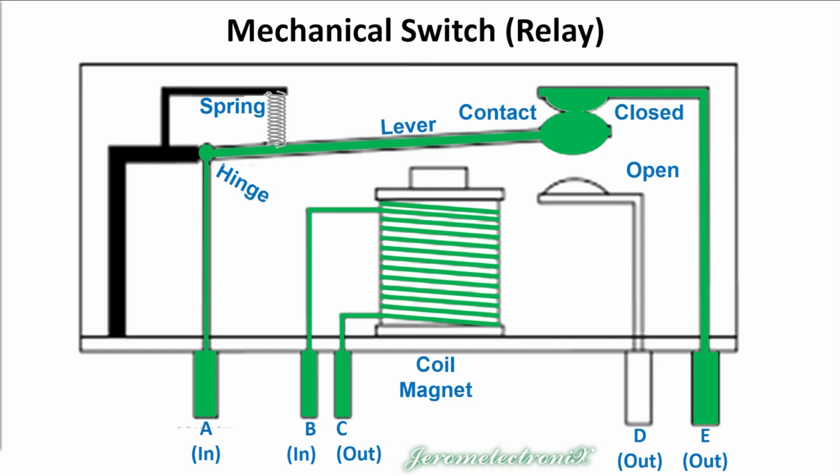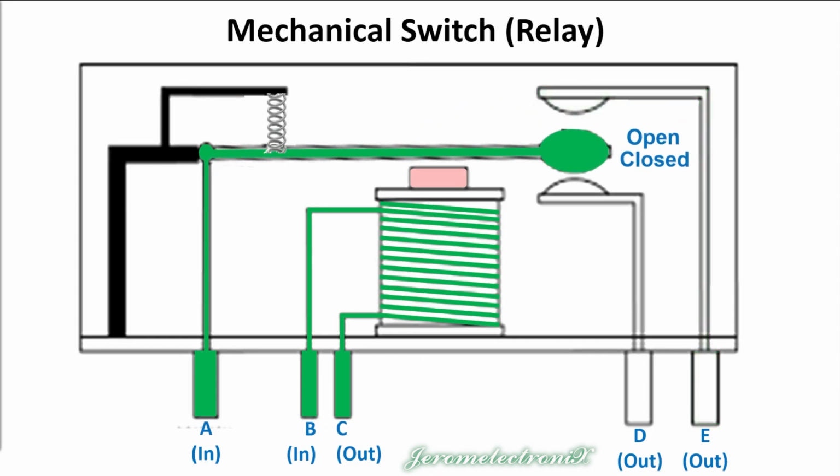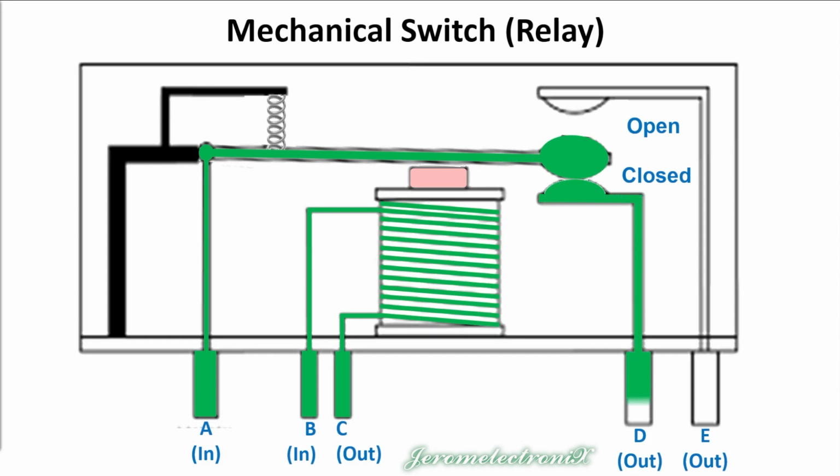That magnetism can flow outside of the wire and can be concentrated in the center core, that steel core in there. When that is magnetized, it'll attract the lever, and it'll change the direction of the flow of electricity. So we can use electricity to change the flow of electricity using a relay switch.